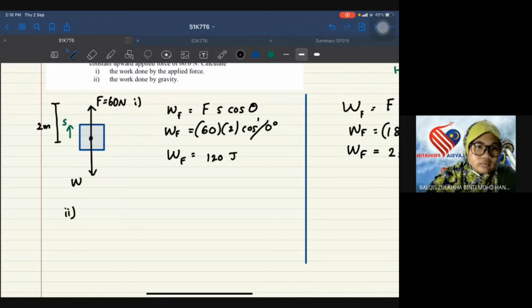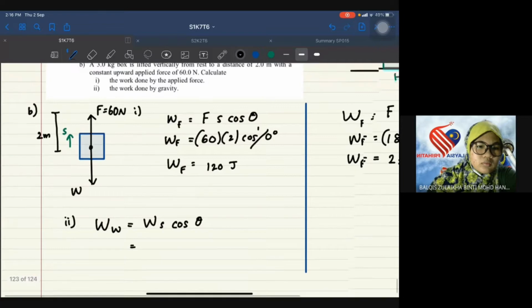For question 2, the work done by gravity is due to the force of the weight. So work done by the weight equals weight times S times cos theta.